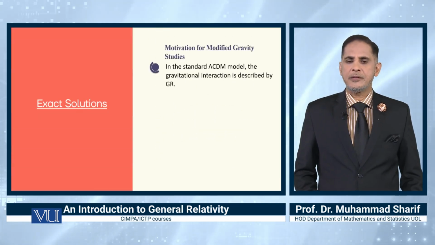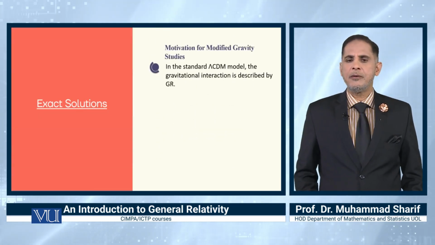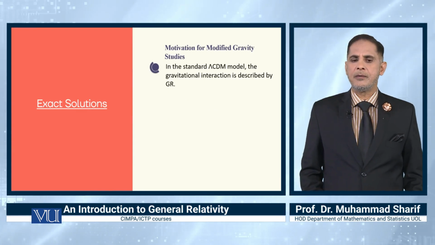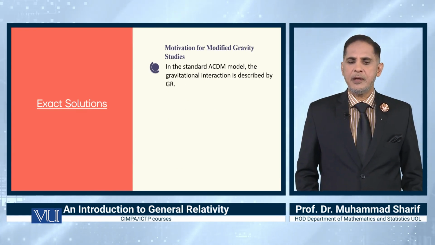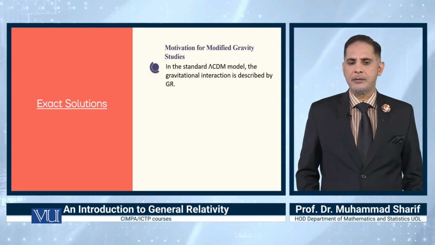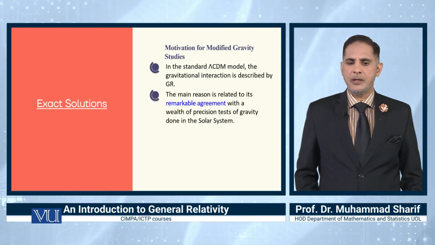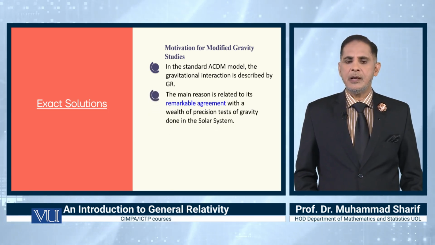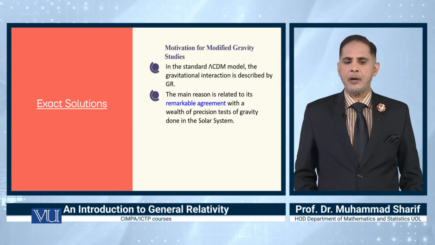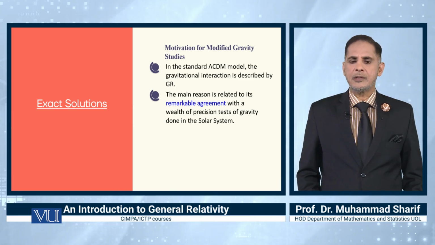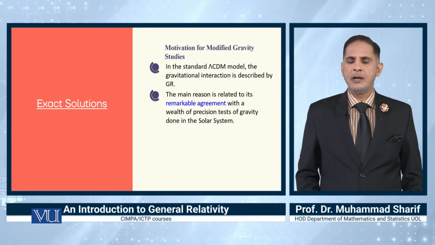Now, let us discuss some motivations why we should consider modified gravity. In the standard lambda CDM model, lambda cold dark matter model, the gravitational interaction is described by general theory of relativity. The main reason is related to its remarkable agreement with a wealth of precision tests of gravity done in the solar system.